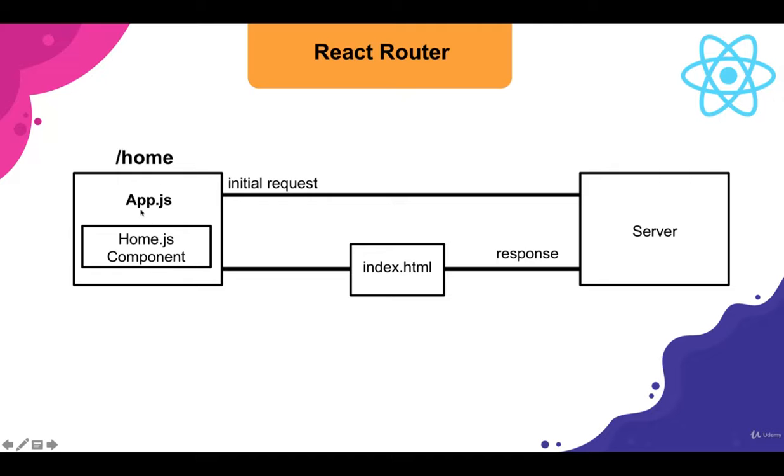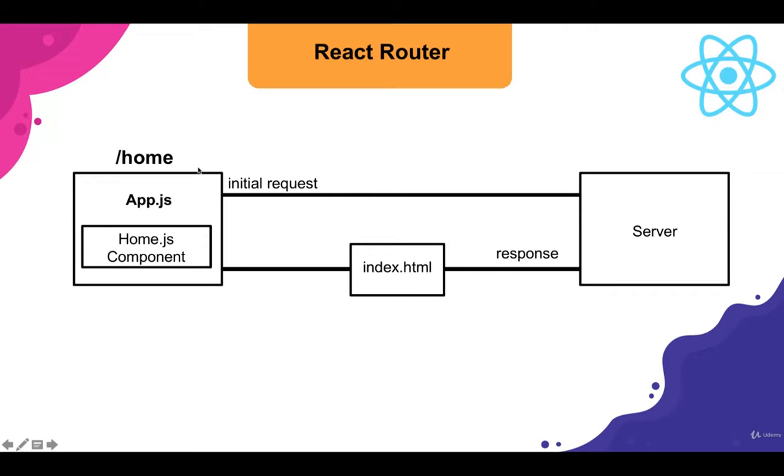So app.js is just sitting at the top, and that is the root component, and that will always be showing in the browser. But React is going to inject the home component inside the app.js, right? So we see that home component when we go to /home. And this is what the React routers are doing.